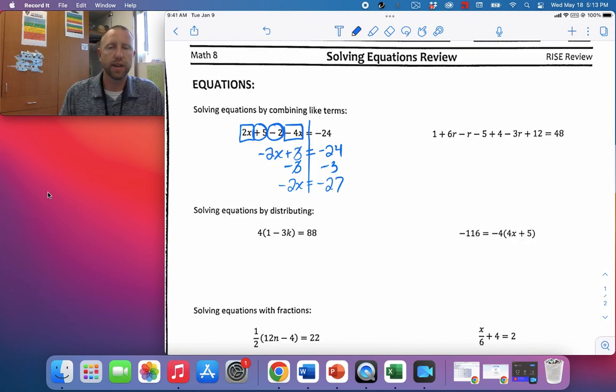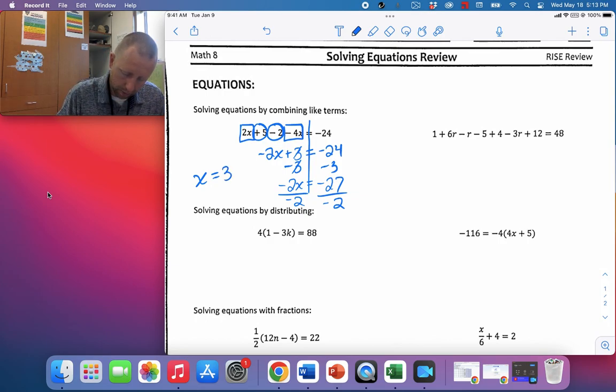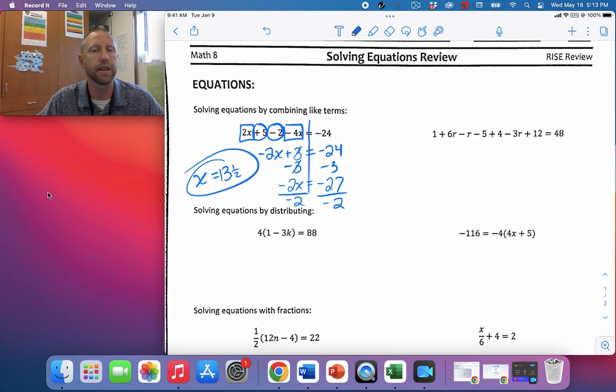And then divide both sides by negative 2. And we know a negative divided by a negative is a positive. 2 goes into 27, 13 and a half times. And it is a positive 13 and a half. Okay. All right, go and pause the video. Try the right-hand side.